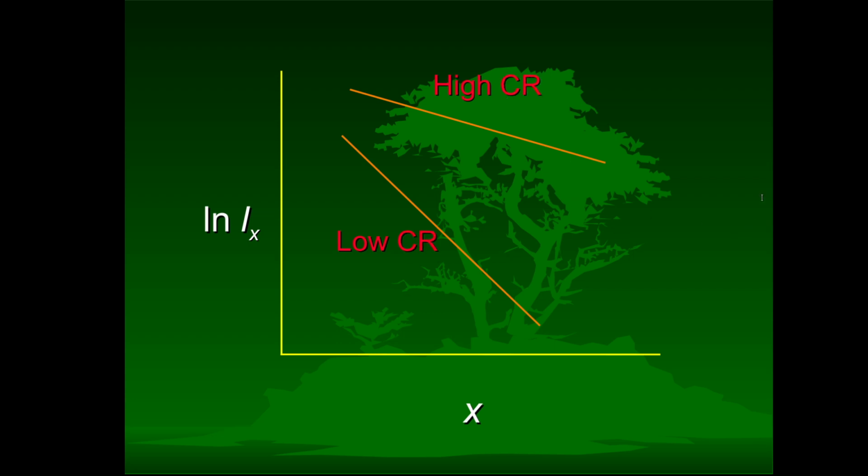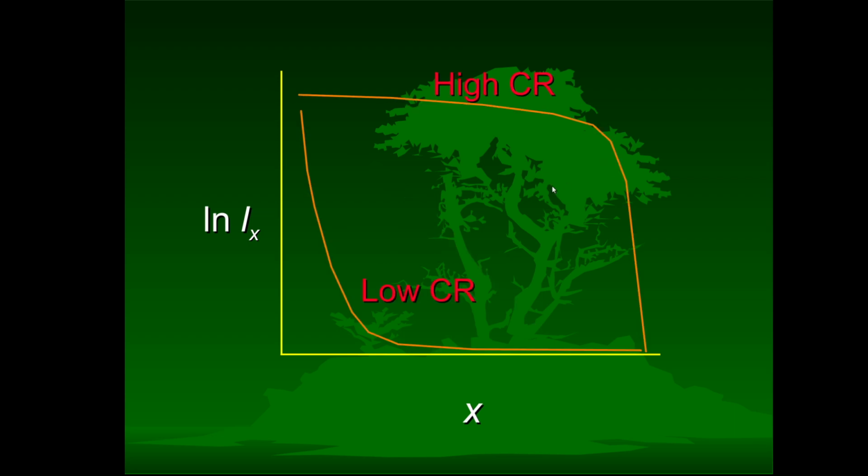Okay, so high cost of reproduction is represented by a survivorship curve of this type right here, in which Lx is high and constant through most of life until survivorship starts to drop. And high survivorship implies high cost of reproduction, as we discussed in the previous lectures. So this is a high cost of reproduction survivorship curve and a low cost of reproduction survivorship curve.